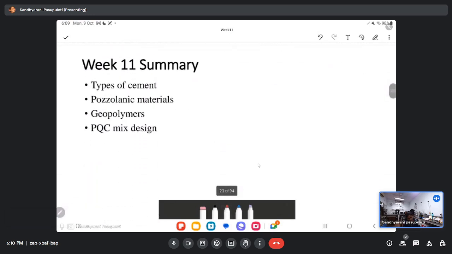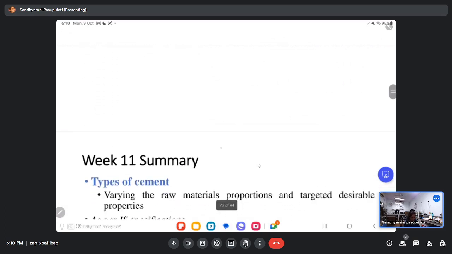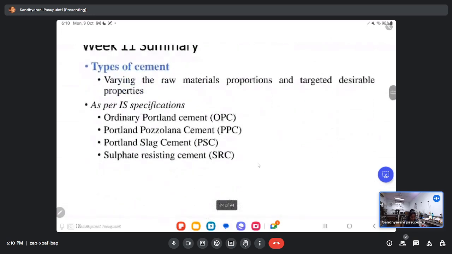So if we come to the week level, during these weeks' lectures, we have discussed the types of cements that are present, the additional materials called pozzolanic materials, and also geopolymers, and in the last lecture we discussed the PQC mix design.